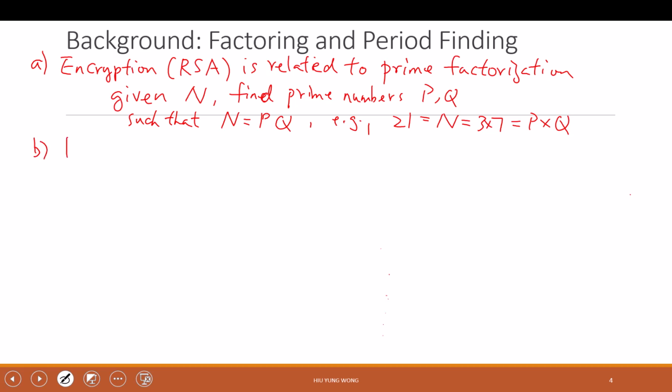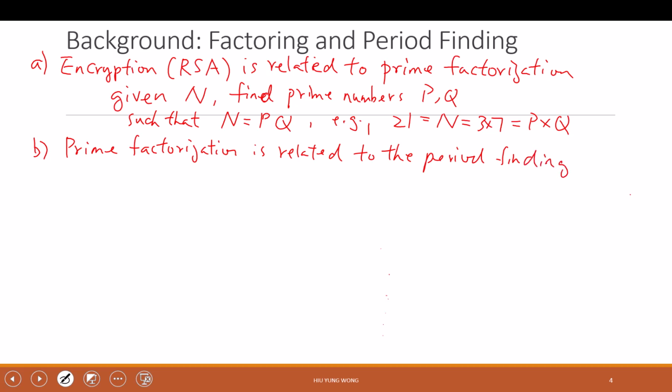mathematically, prime factorization is also related to the period finding of this function.